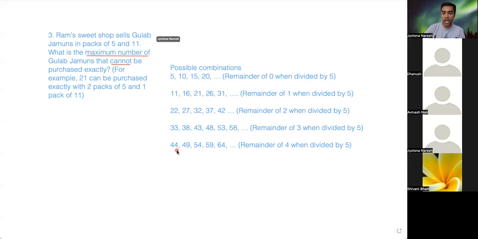Okay, so we know that if I have a remainder of 0 when divided by 5, any of these numbers will work, right? So for instance, the maximum that cannot be made cannot be 25.